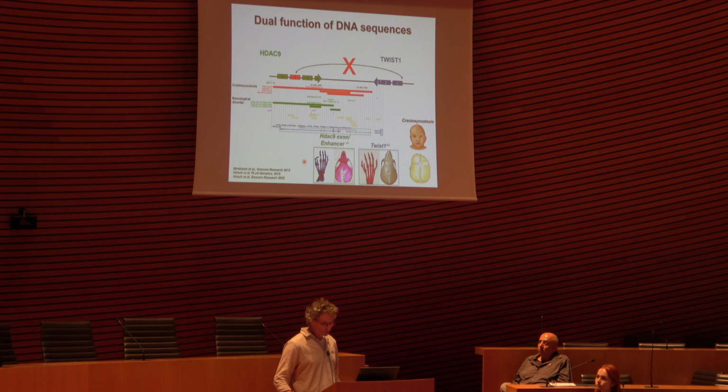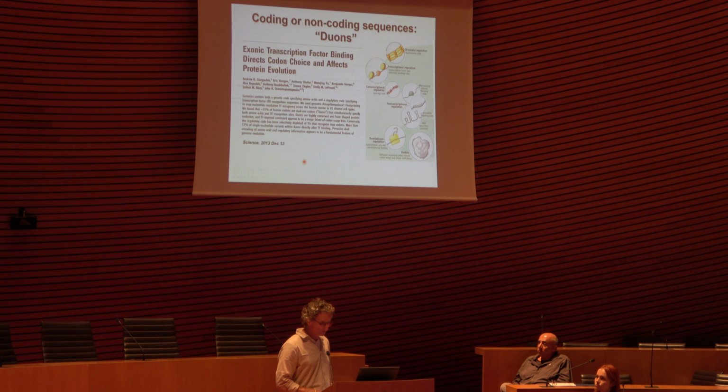So by that, just to show you this paradigm, that there is coding and non-coding, and the non-coding regulates the expression of the coding sequence. Here we show one example where a coding sequence can also function as a regulatory element. And we are not the only ones that show it, of course.